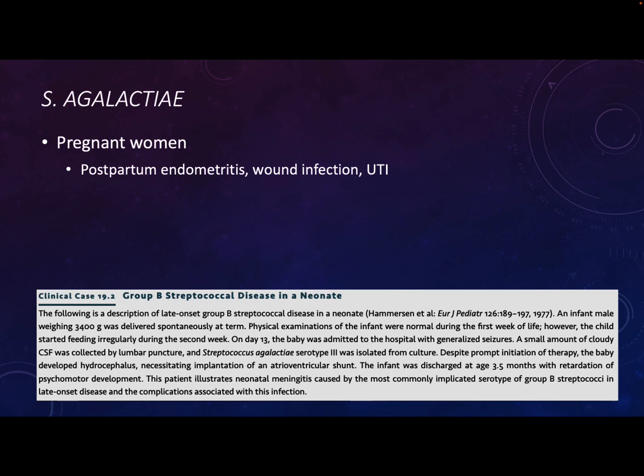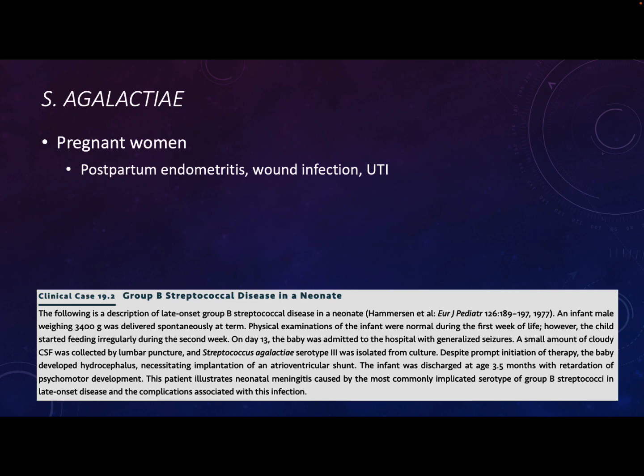She's delivered the child who had a 60% risk of developing the infection, but now she has a risk of developing infections from this bacterium because birth is a traumatic process. The bacteria can get in and cause infection in the endometrium. If there were any wounds, like tearing during childbirth, you could get an infection there.